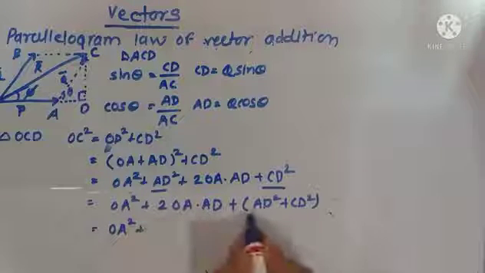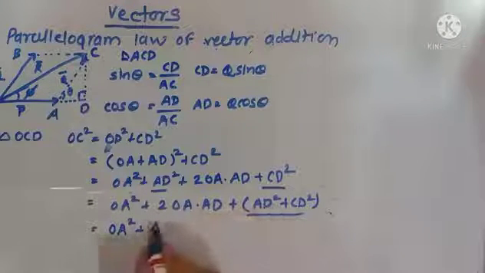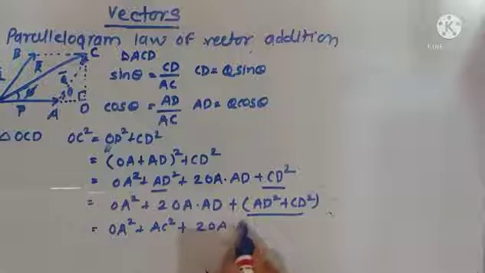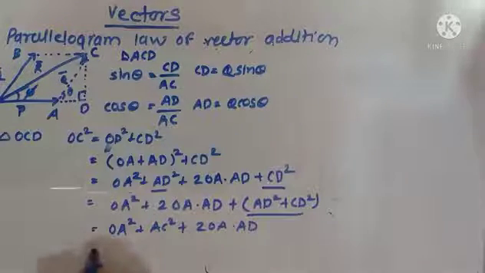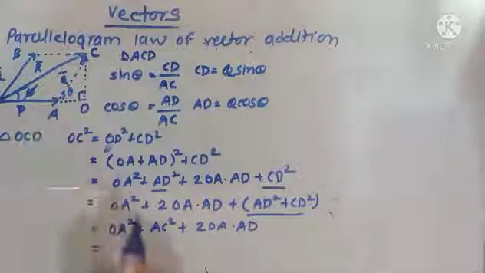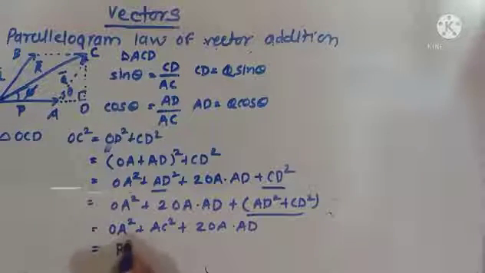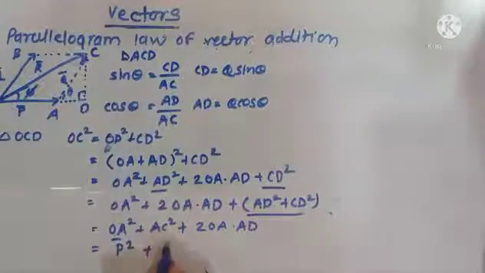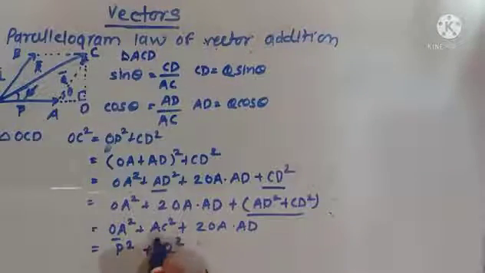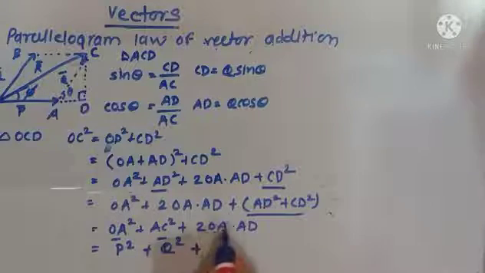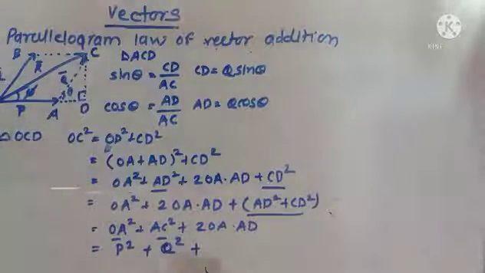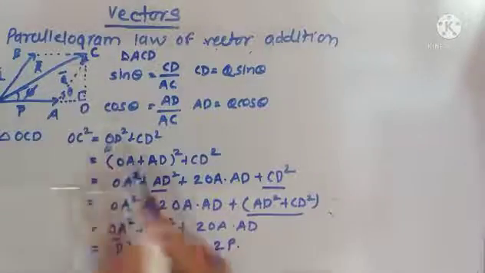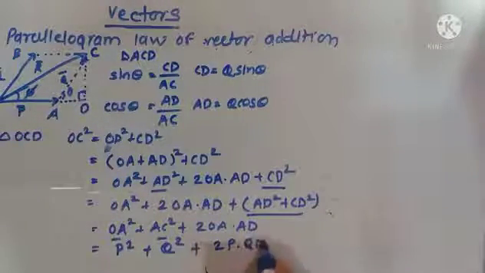So OA square plus AC square plus 2 OA into AD. Now we know that OA is nothing but vector P, so P square. AC is nothing but vector Q, Q square, plus 2 P into AD. AD is nothing but Q cos theta.